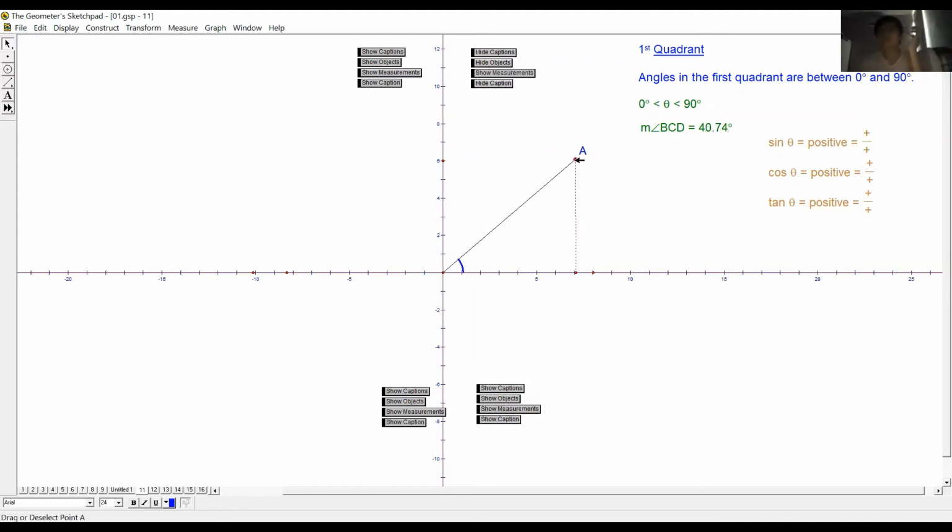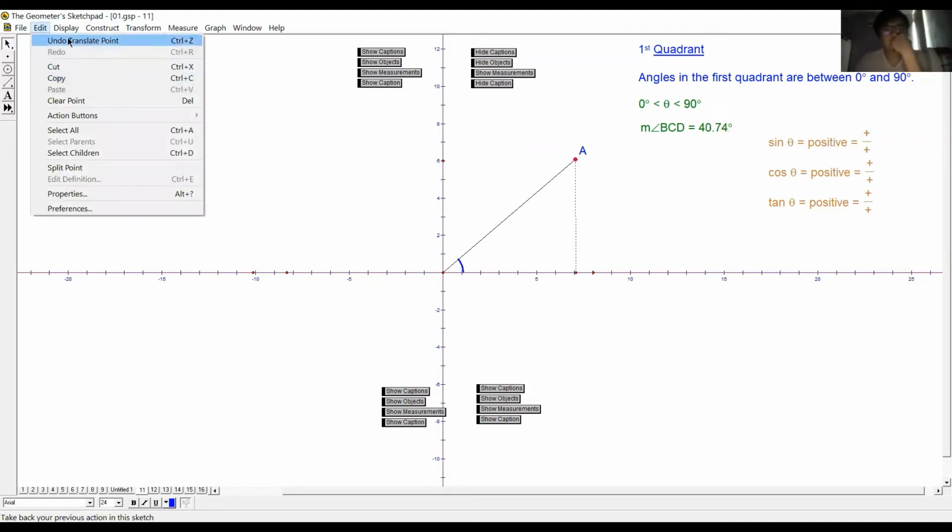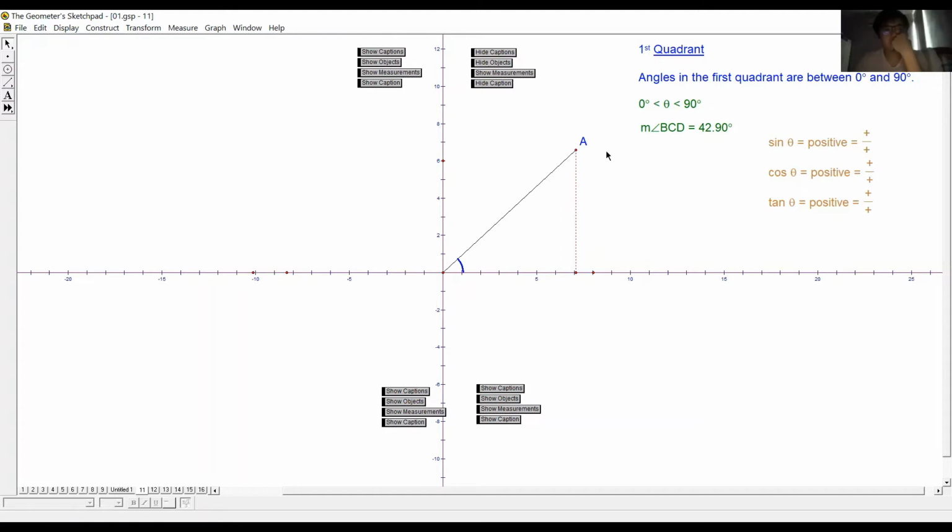So in the first quadrant, we take one example, the angle 42.9 degrees, indicated by this blue line. This is the coordinate of the point A. The y coordinate is 6.59. The x coordinate is 7.09.